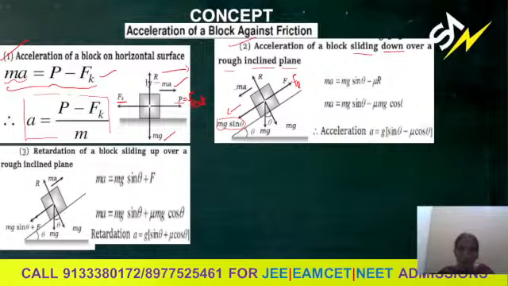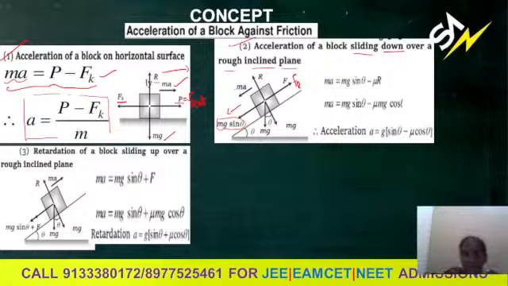FL or F, we are talking about friction here. This is friction, not applied force. Angle of inclination is theta. Now for equilibrium condition, we write vertically and horizontally balanced forces, or you can apply the resultant force acting on that object.